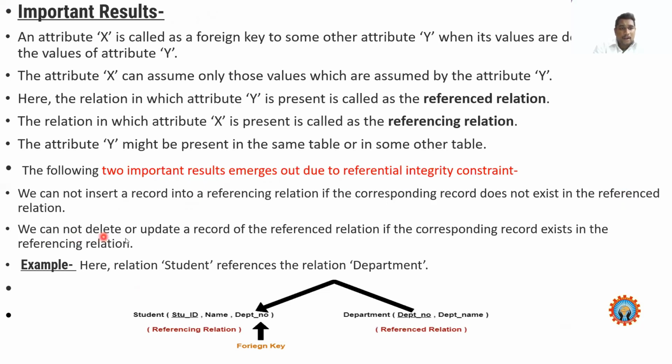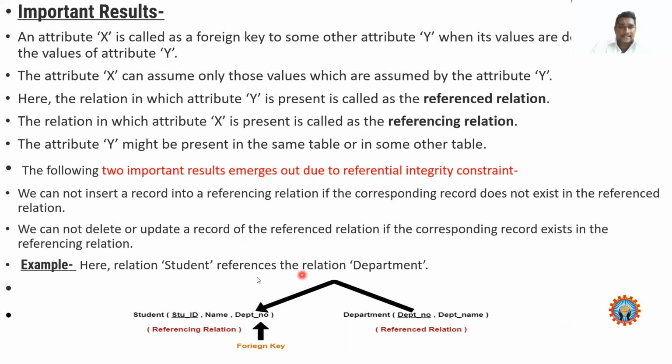Okay, we cannot delete or update a record of the referenced relation, which is nothing but the primary key attribute, if the corresponding record exists in the referencing relation. If we are changing the primary key attribute data, the child data also has to be deleted or modified.